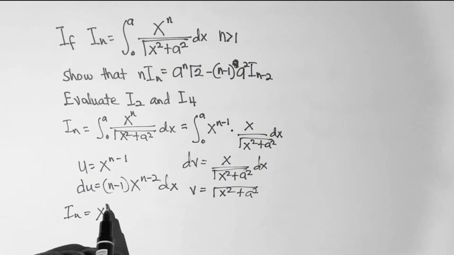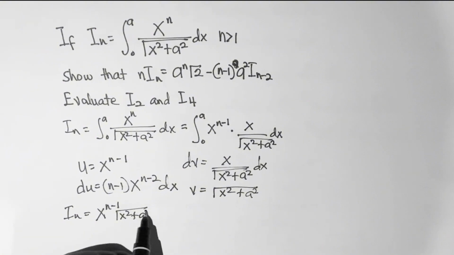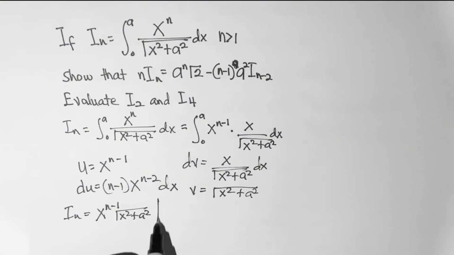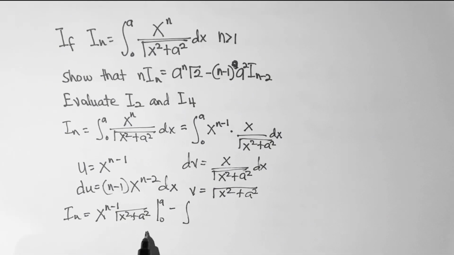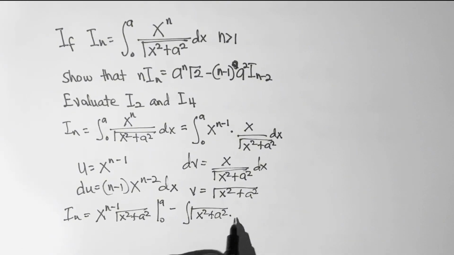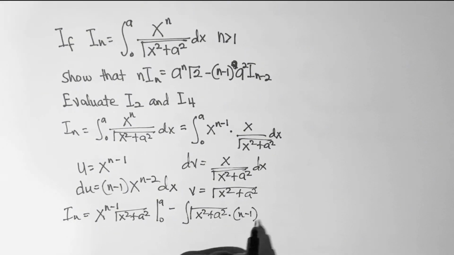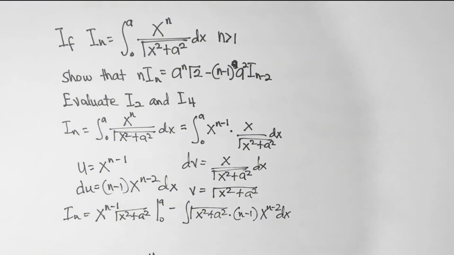So x exponent n minus 1 square root of x squared plus a squared, evaluated at 0 and then a, minus integral of v du, and then our v is square root of x squared plus a squared, then times du is n minus 1, and times x exponent n minus 2 dx.